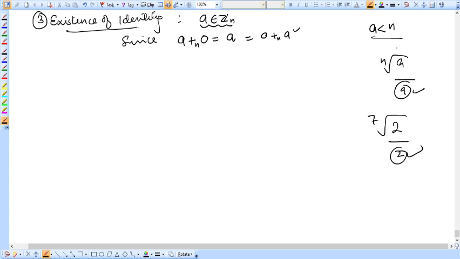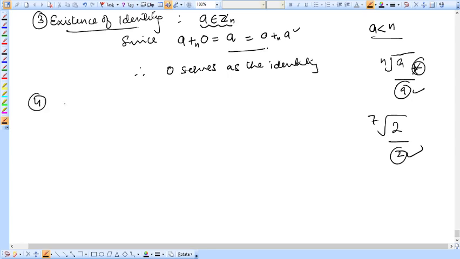Similarly, when a is divided by something bigger than a, the remainder would be a again. Therefore a addition modulo 0 is equal to a. Therefore 0 serves as the identity.